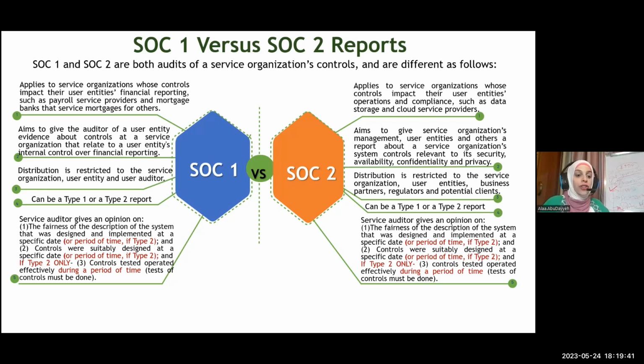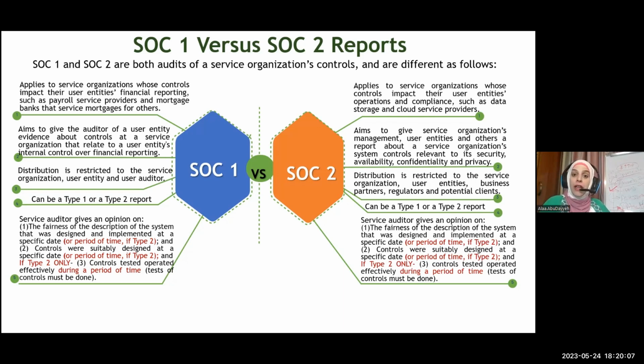And also the auditor is going to give an opinion on the controls, that the controls were suitably designed at a specific date, or if it's type 2, over a period of time. And only if it's a type 2 report, the auditor is going to give an opinion on the effectiveness of the internal controls by performing tests of controls.